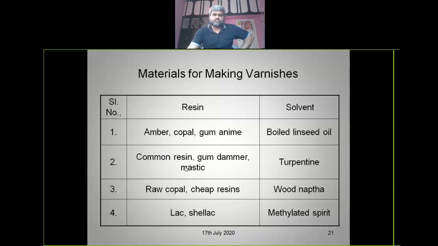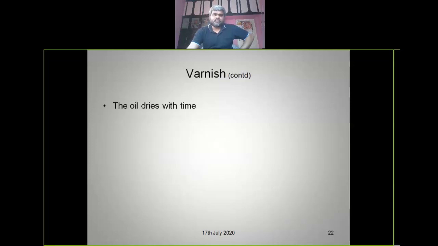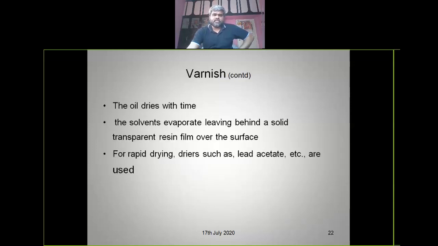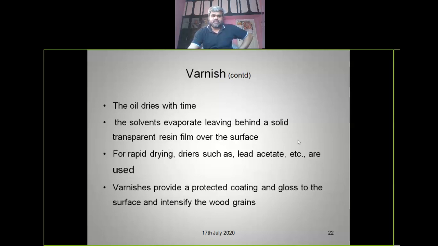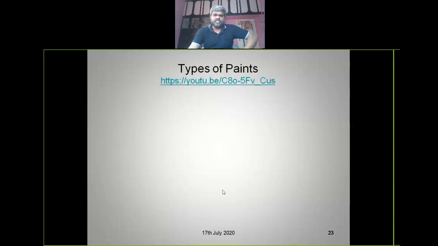These are some varnishes. The oil dries with time. The solvents evaporate, leaving behind a solid, transparent resin film over the surface. For rapid drying, dryers such as lead acetate are used. Varnishes provide a protective coating and gloss to the surface and bring out the intensity of the wood grains.